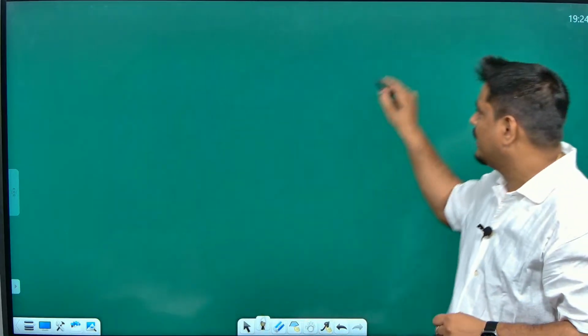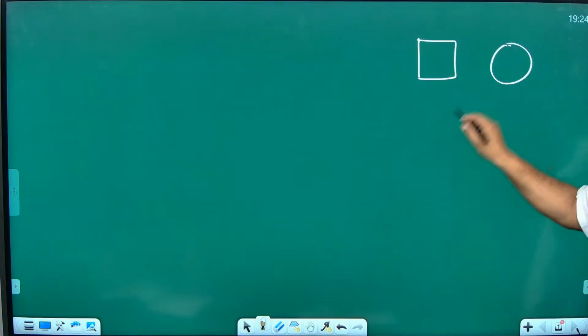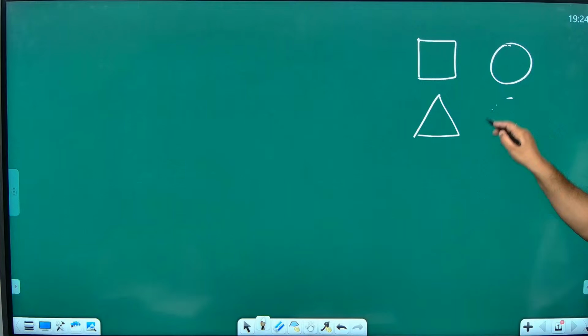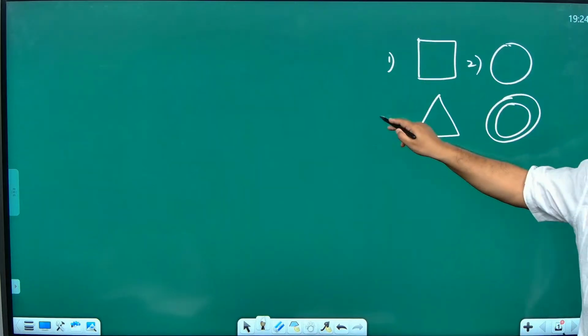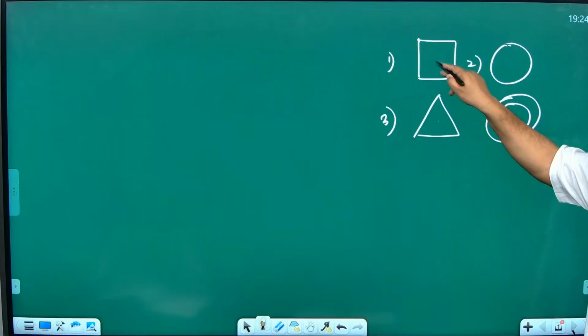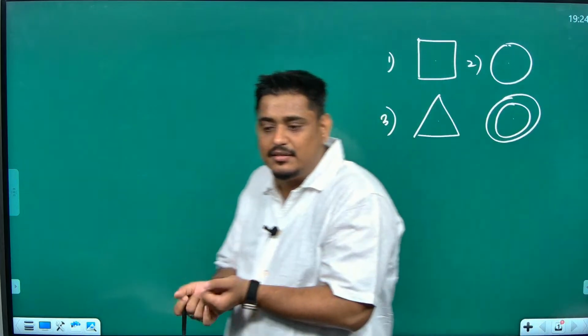So you can judge by yourself. Suppose I give options like one body I have drawn in this diagram, one is this, and another one is this. In which case will the center of mass lie outside the body? Option D, the 4th one, isn't it? Because it is very clearly visible that in 1, 2 and 3 the center of mass will lie somewhere in its geometric center. And here also it will be the geometric center, but the geometric center is not lying inside the body, it is a ring.